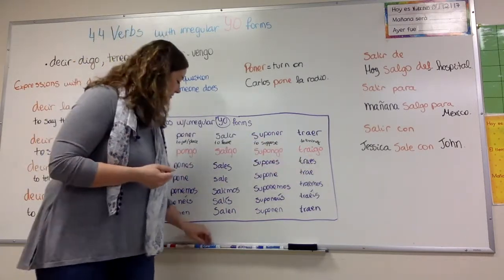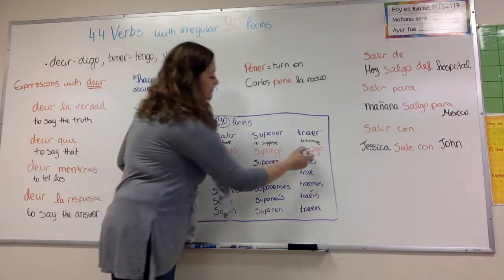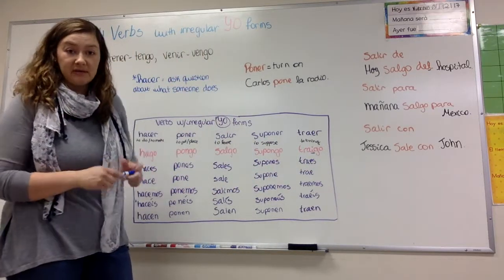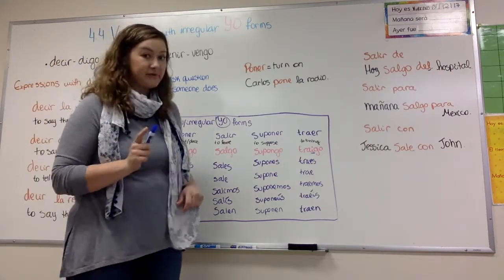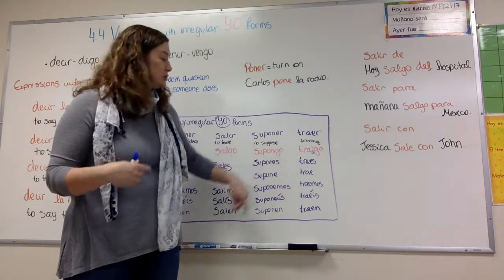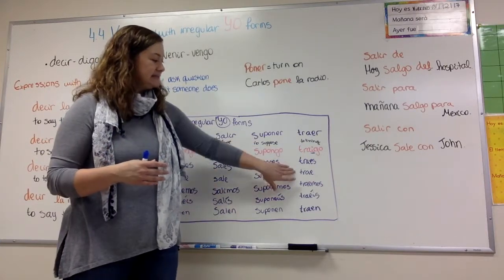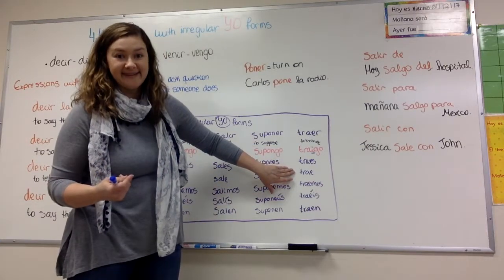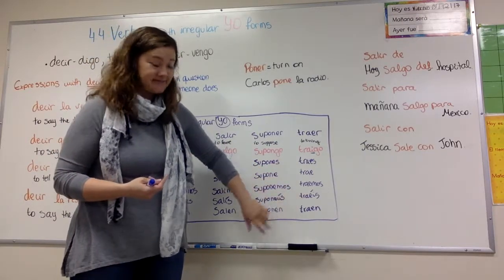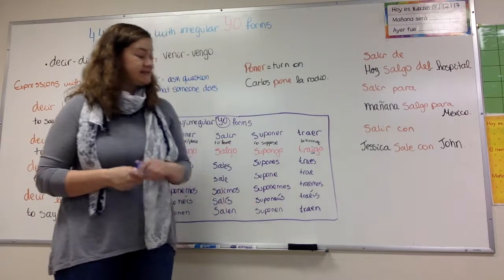Notice that I have a little I added on there. So, traigo. It is really irregular and there's a little change in there too. So, don't forget. See? So, yo traigo. Tú traes. Él, ella y usted trae. Nosotros traemos. Vosotros traéis. Ellos, ellas y ustedes traen.